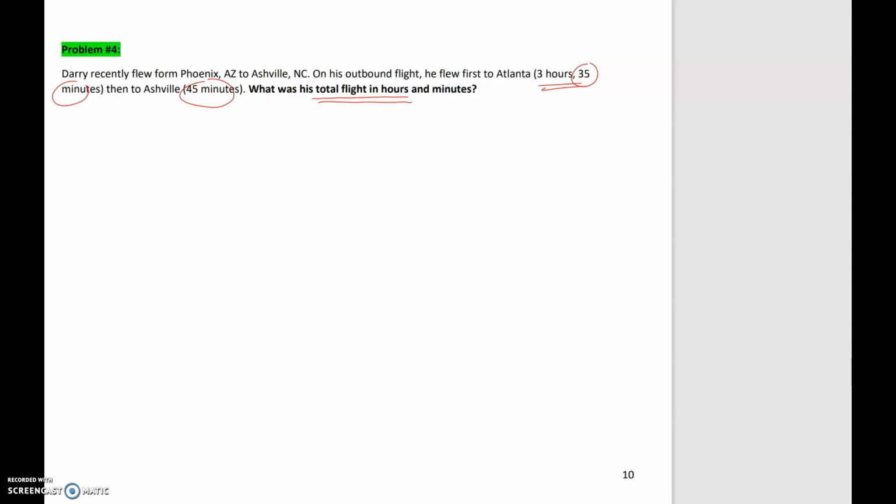Okay, so let me actually rewrite it as total flight time is going to be equal to 3 hours plus 35 minutes plus 45 minutes.